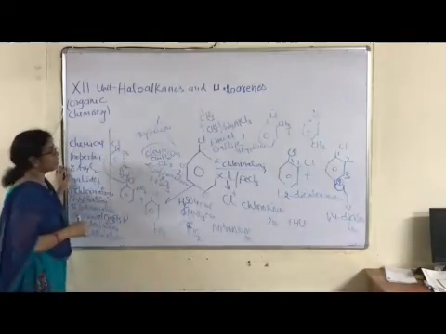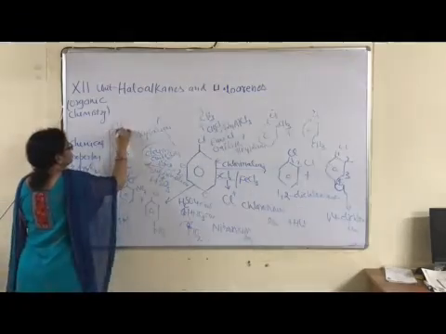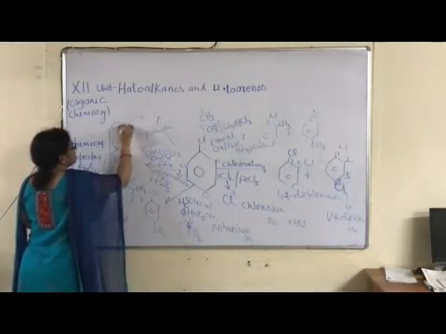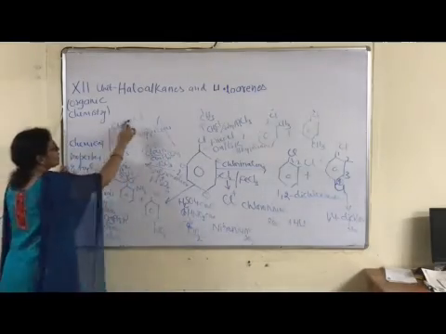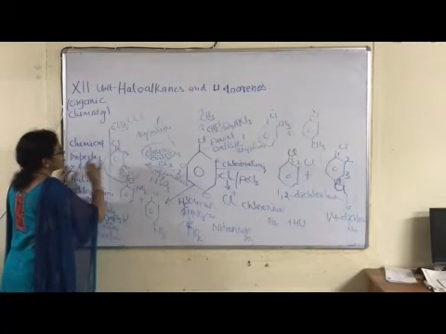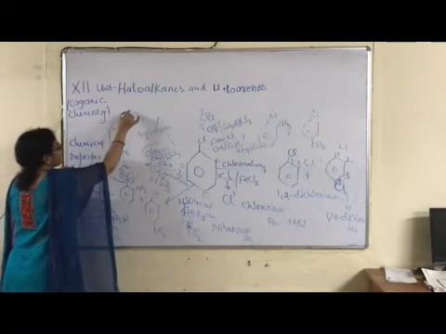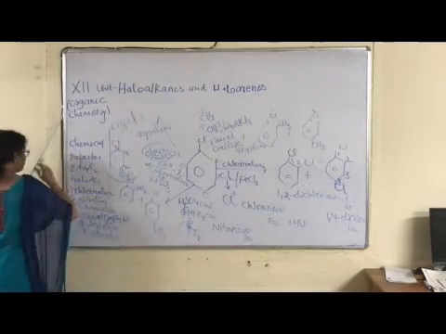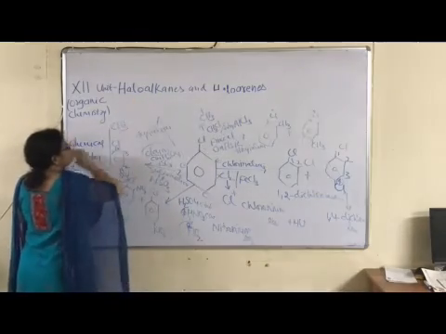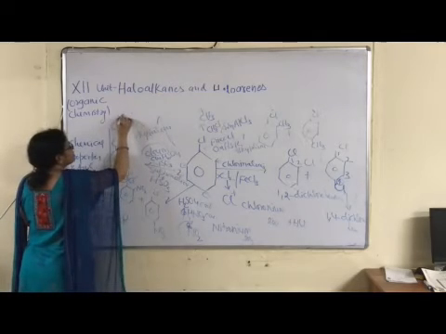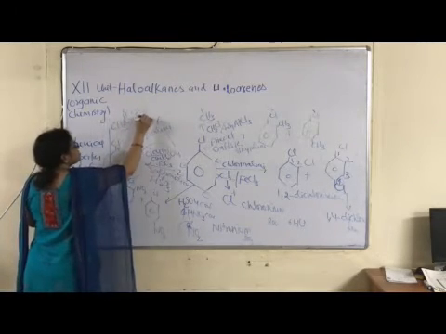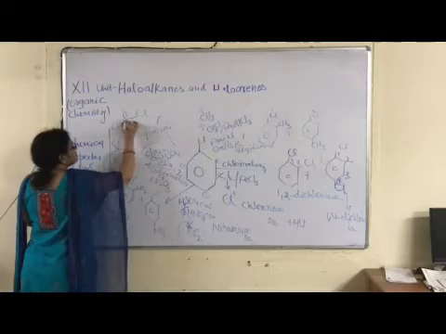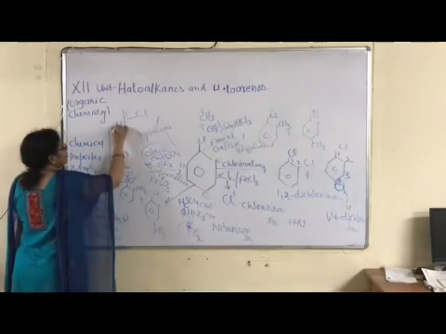Acylation. For acylation, what is required? An acyl group containing reagent like CH3COCl, acyl chloride, right? And anhydrous aluminum chloride. Then which part is positive? The actual bond is present between C and Cl, not between O and Cl, like this. This bonding structure is showing the actual bond cleavage.